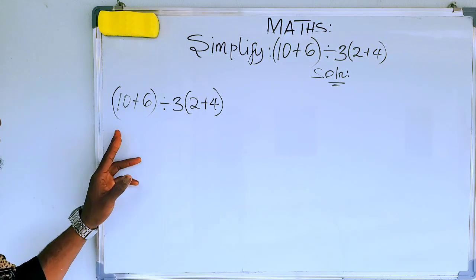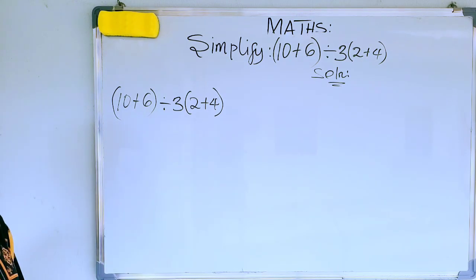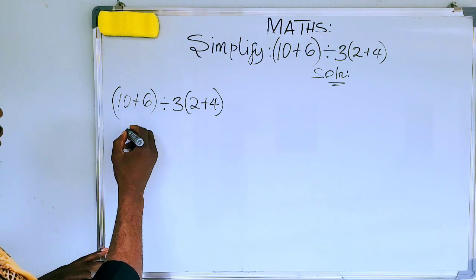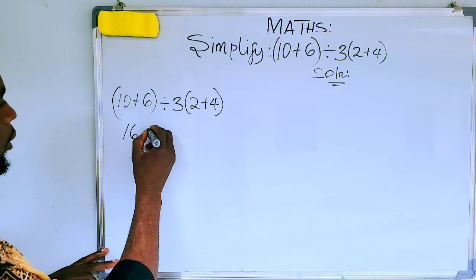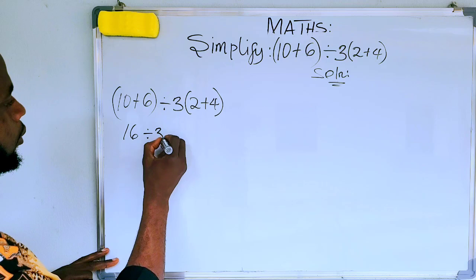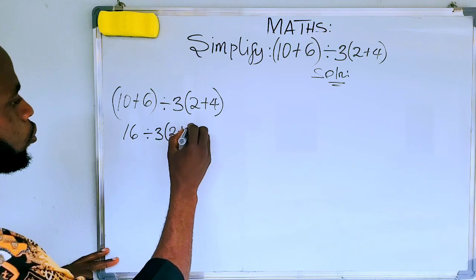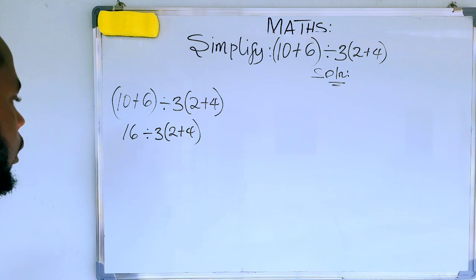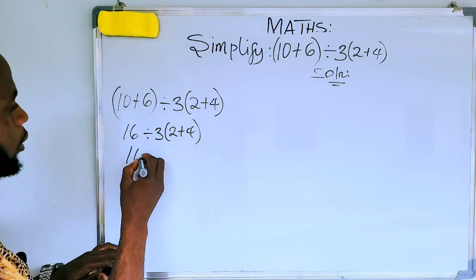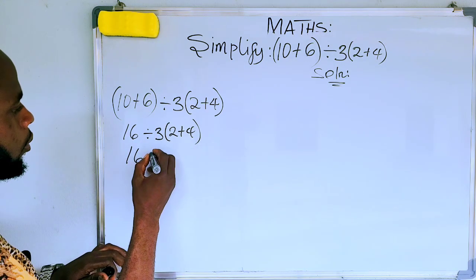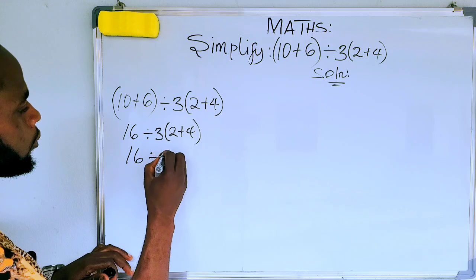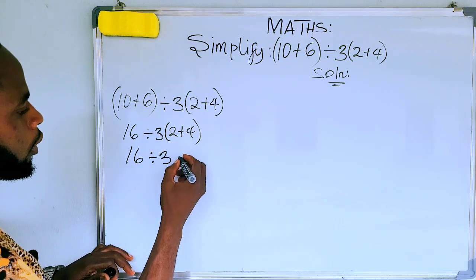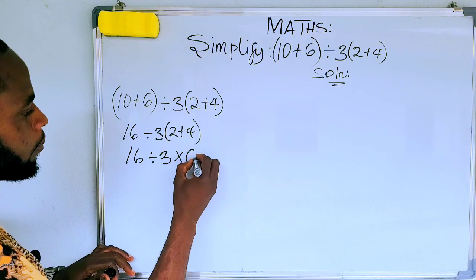Here, some persons will simplify this expression this way. We have 10 plus 6, that gives 16, divided by 3 into 2 plus 4. Now again, we have 16 divided by 3, 2 plus 4, that gives 6, that's multiplied by 6.